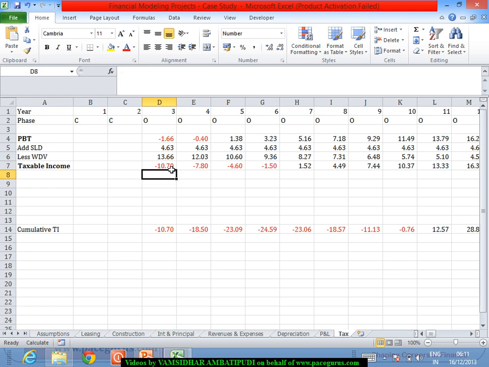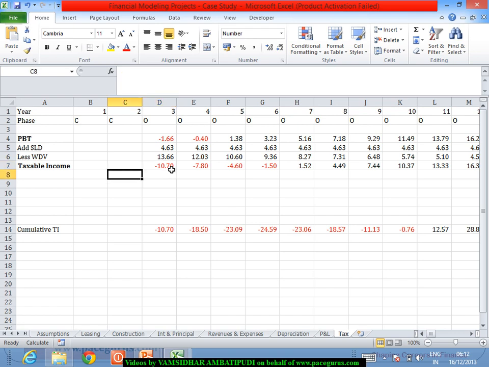So probably minus 3.4 crores has to be paid as a tax, which means the government is due by the extent of 3.4 crores to you. So that's like an asset for you. Whatever tax you are supposed to pay, that is an asset, because you are not supposed to pay, and at the same time you can recover that much amount even in the years when you are becoming actually profitable. So only from this year onwards you are supposed to pay the tax, right?